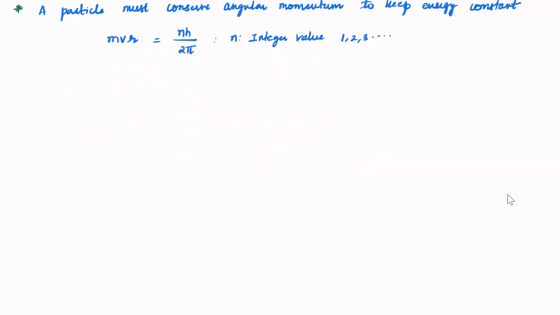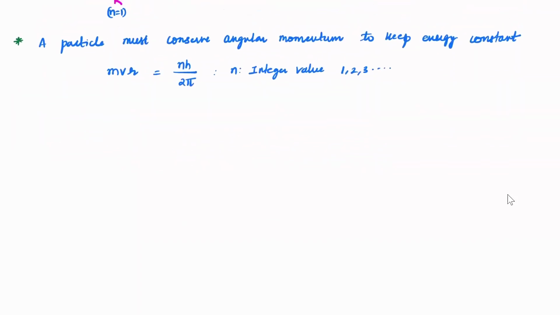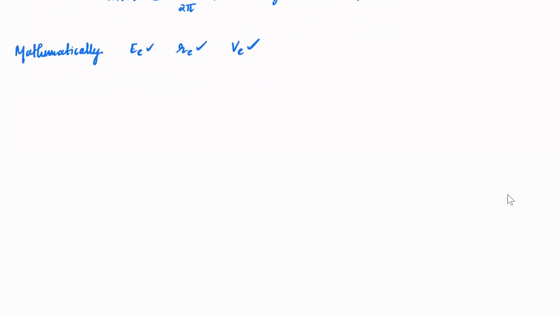Now, he learned something very important. Mathematically, he was able to prove the energy of an electron, radius of an electron, and speed of an electron. These three he was able to calculate. To do that, we can use the derivation here.